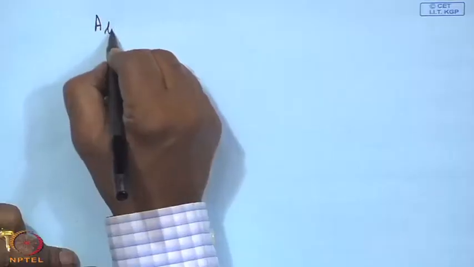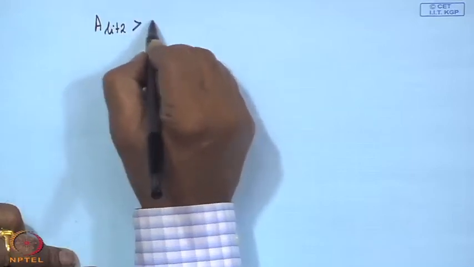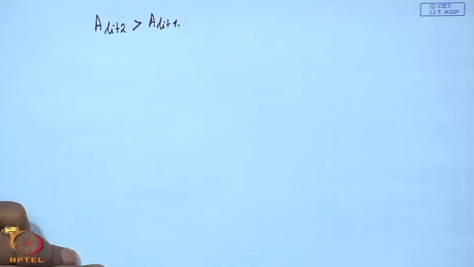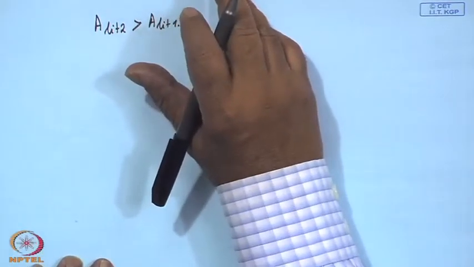So, A_lit 2 is always greater than A_lit 1. So, in one sense my shading factor here will be overestimated. It assumes that more area is covered rather than less area. Okay.